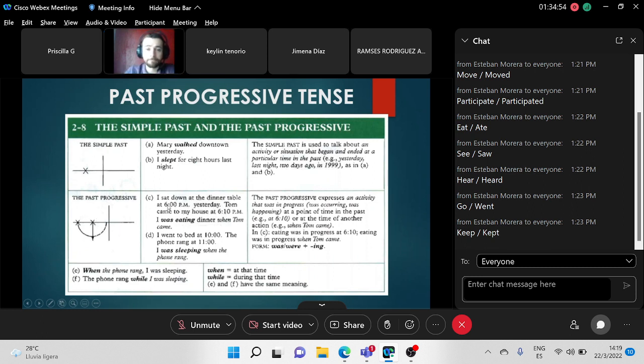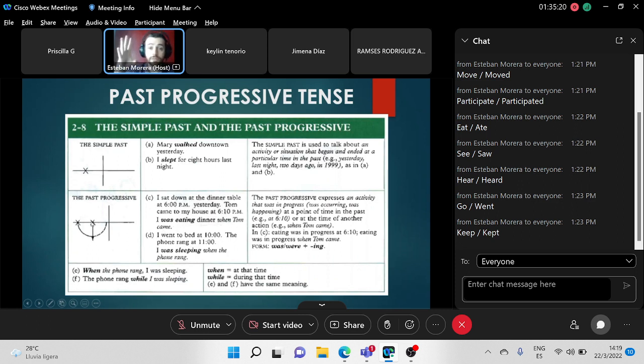Okay, look at this. Tom came to my house at 6:10 p.m. I was eating dinner. The action started here. I was eating dinner. The action was in progress when Tom came.